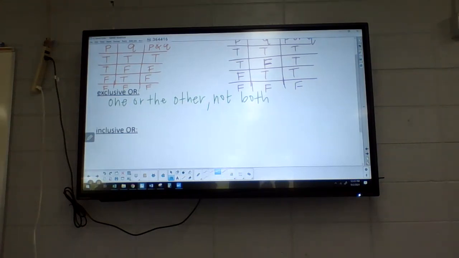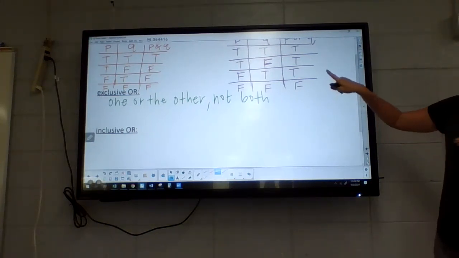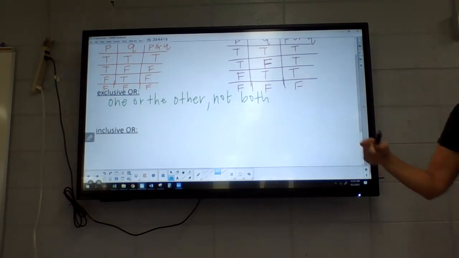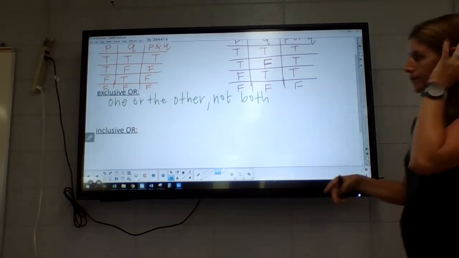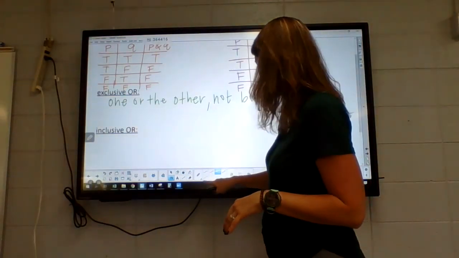This is if I'm saying you can either take a break outside or take a break and go to the drinking fountain. You can't do both things, one or the other. In everyday language, we use this a lot. This is not the kind we're using here. What we're using is inclusive language, where it is okay to say both. So inclusive.